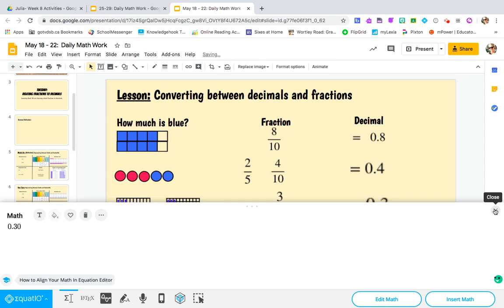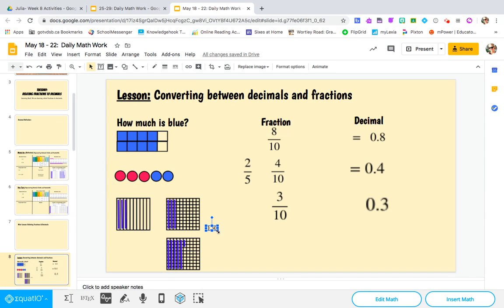I'm just going to go over that one more time to make sure we all have a good understanding of that. Not that we need this today, but as we continue to move forward tomorrow and talk about percentages, we're going to need that. You can see that here, 3 out of 10 is the exact same amount colored in as 30 of this hundredths grid. So just tuck that away for tomorrow.